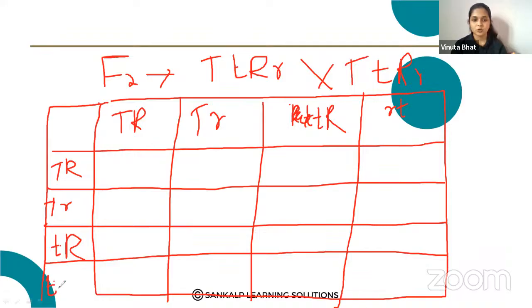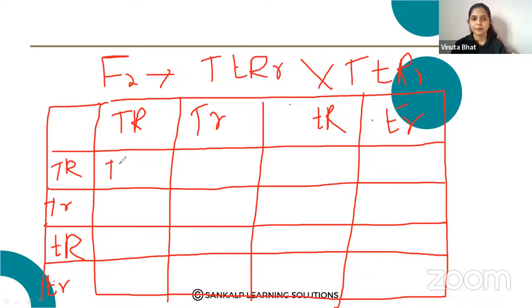Small t, small r. Here also, small t, small r. So these are the gametes. You should write the correct gametes, then only you will get the correct combination.